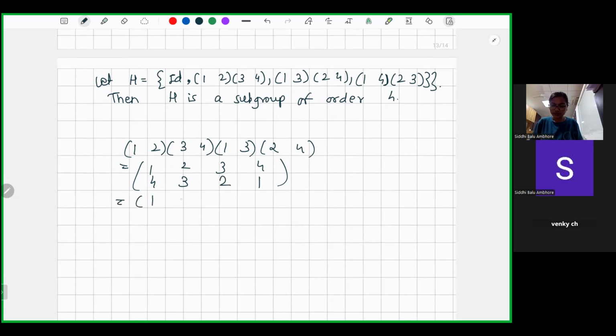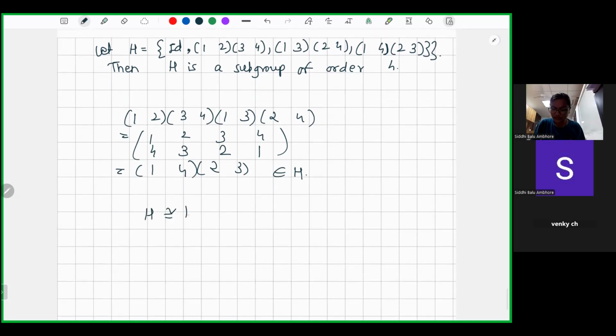So this is 1 4 2 3, and this definitely belongs to my H. And you can check the other. So H is actually isomorphic to our Klein 4 group. And you can check that this is the only possible order 4 subgroup in A4.